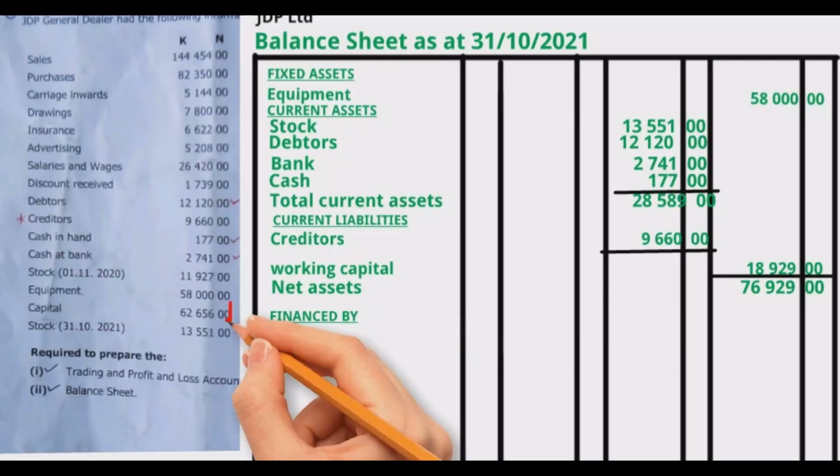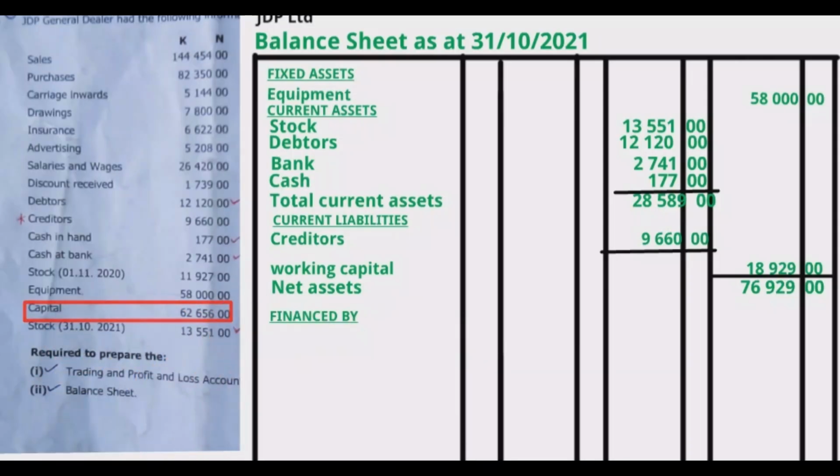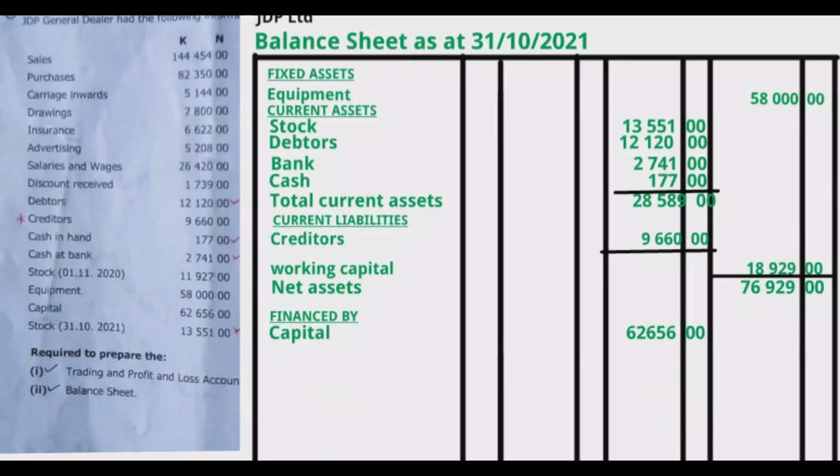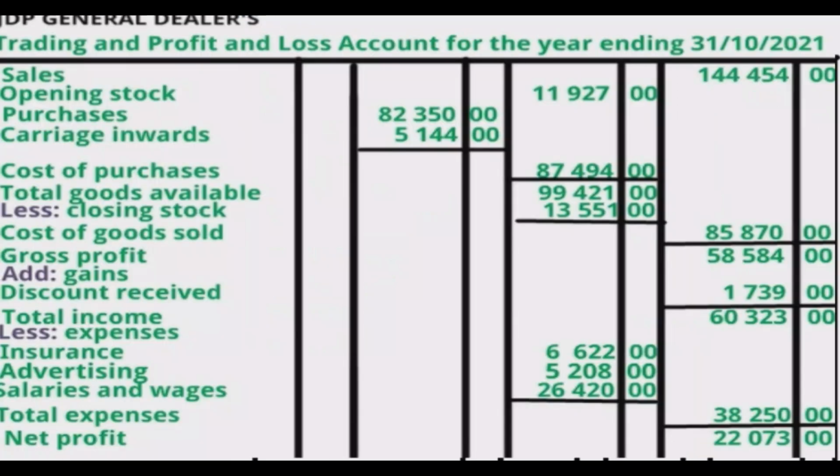So capital. When you look at the details we are given capital, which is 62,656 plus the net profit. Where is the net profit?